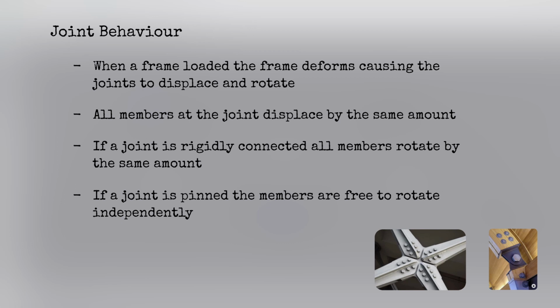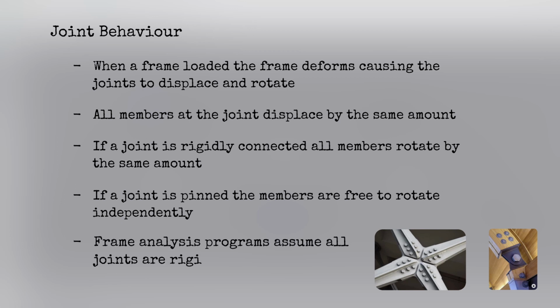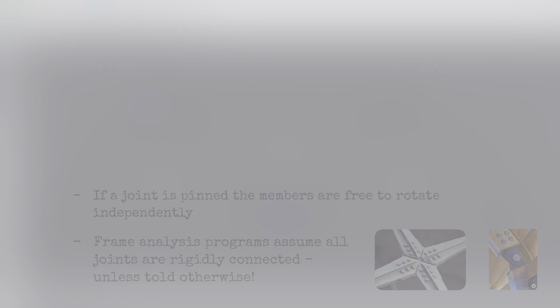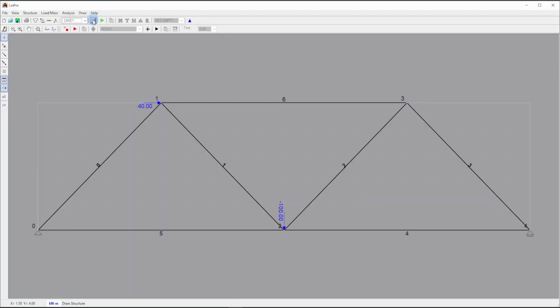What we need to know is that frame analysis programs assume all joints are rigidly connected unless told otherwise. While building the frame, we did nothing to make the joints pinned, so I've built a rigidly connected frame, hence the bending and shear. Frame analysis programs make pin joints by releasing moments at the ends of members. You should think of a moment release as adding a pin. Let's try to make joint 3 pinned.